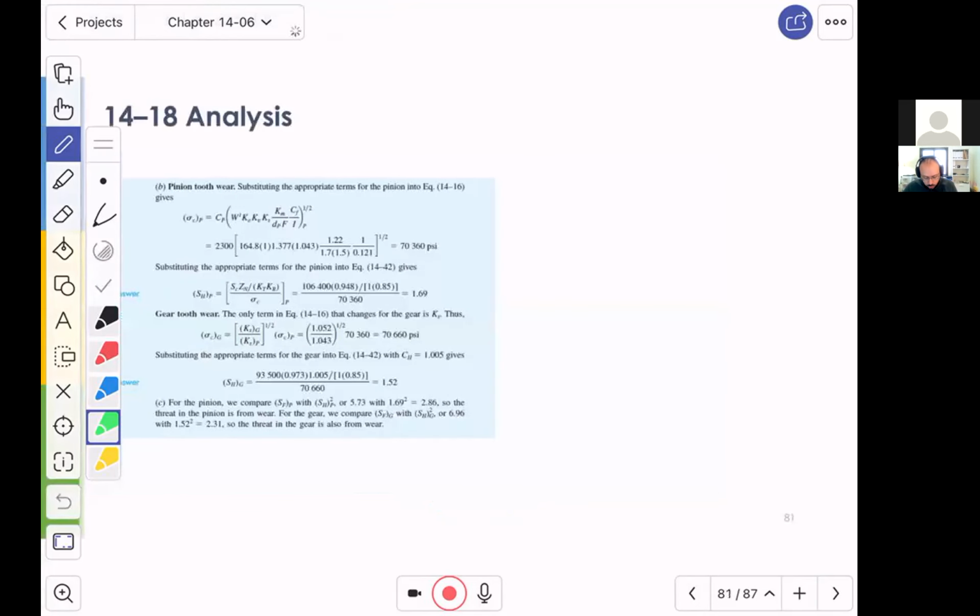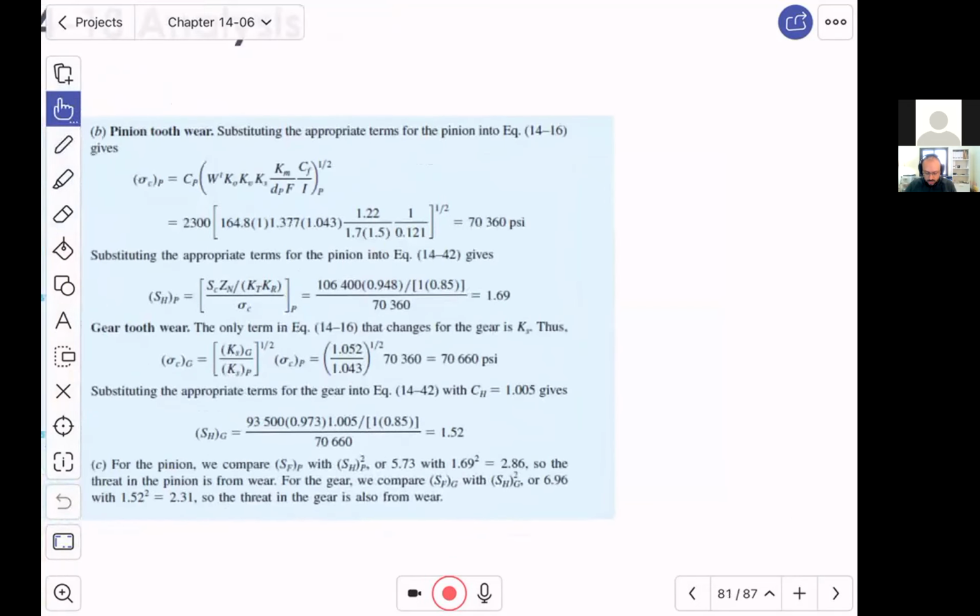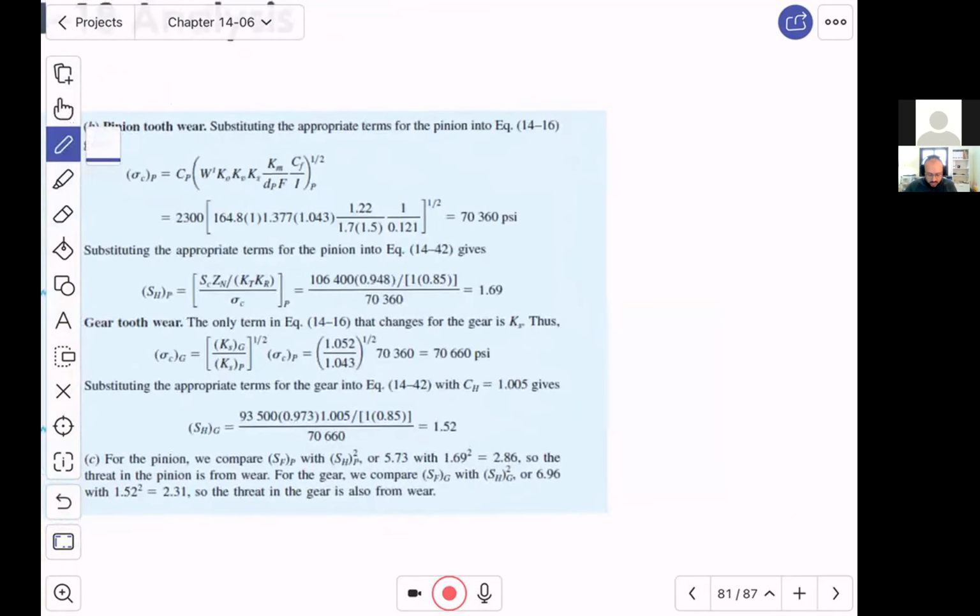Now let's move on to the wear. For the wear, the equation starts with CP. Let me mark it with red, since red here means the same. CP is 2,300 square root of PSI, and it is the same because it's calculated based on the modulus of elasticity and the Poisson ratio of both the gear and the pinion.